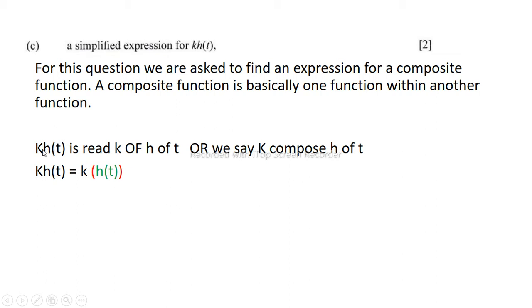Now, KHT is read K of H of T, or we say K compose H of T. So the function K, which is denoted in red, has H of T inside of it. That's a very important notion to remember. The function K has H of T inside of it.